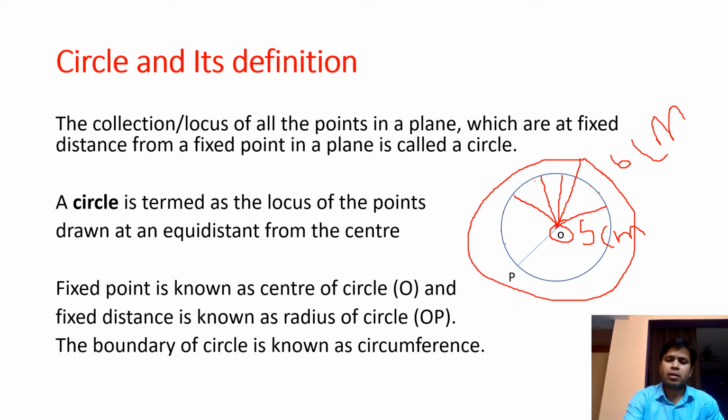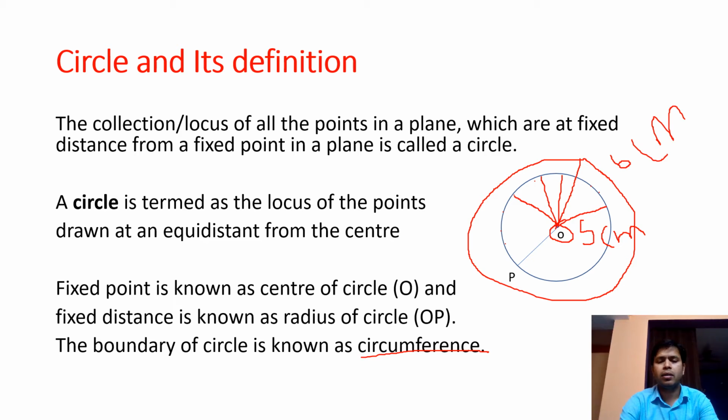The boundary of the circle is known as circumference. This is very important. The boundary of all the quadrilaterals and triangles is termed as perimeter.